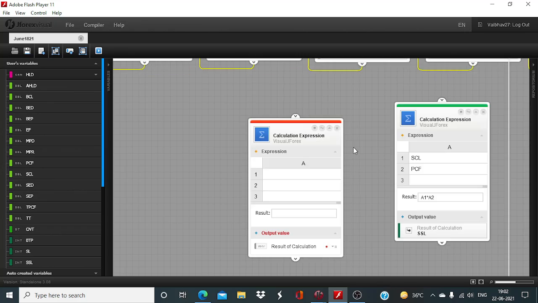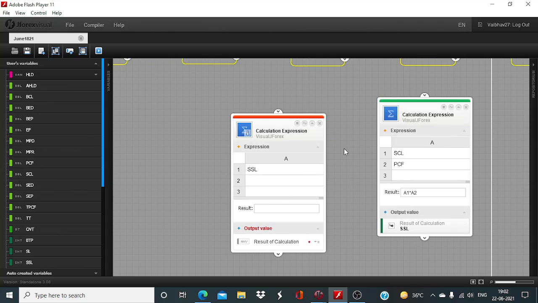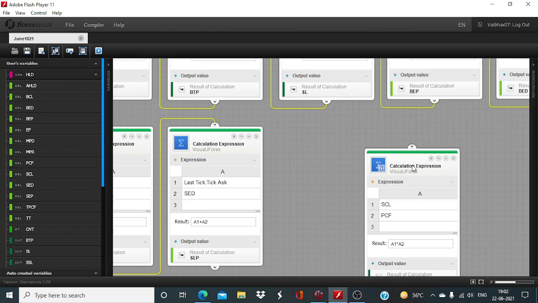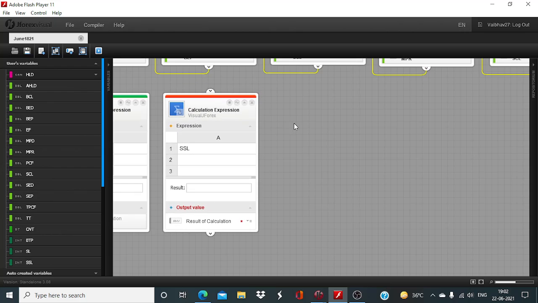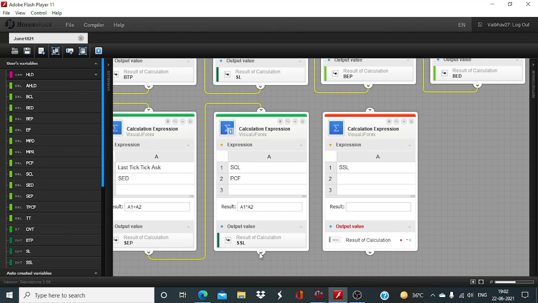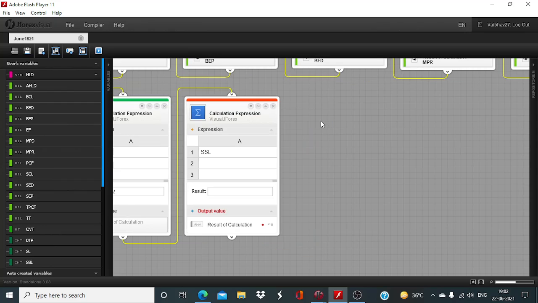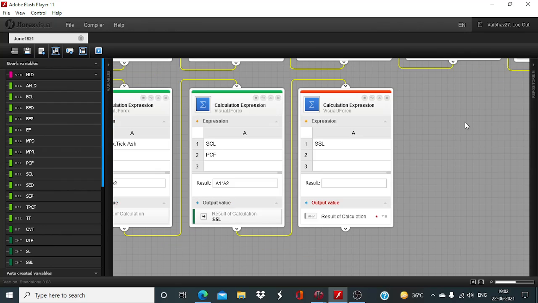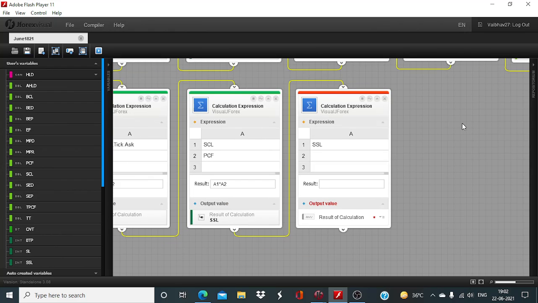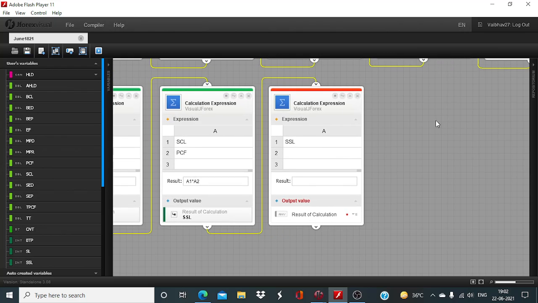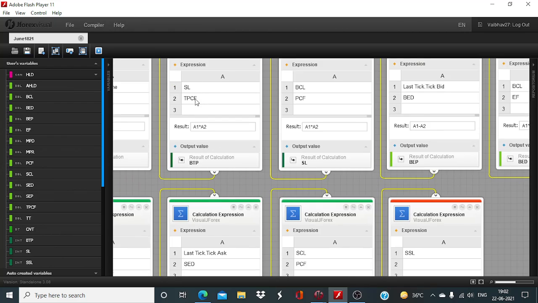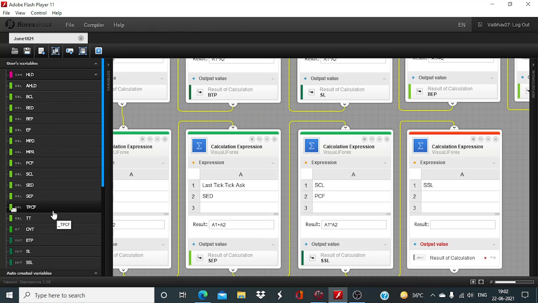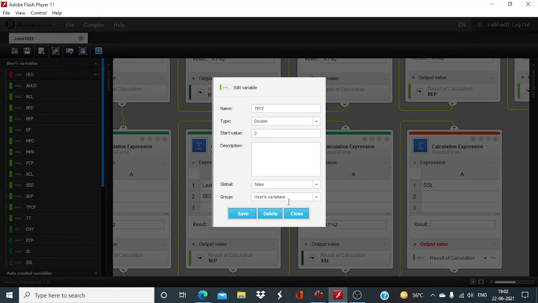and the take profit is simply going to be twice the stop loss. Stop loss will need to be multiplied by the TPCF, which has a value of 2.